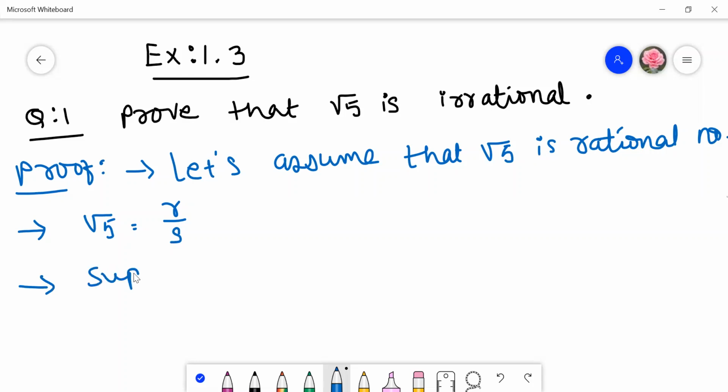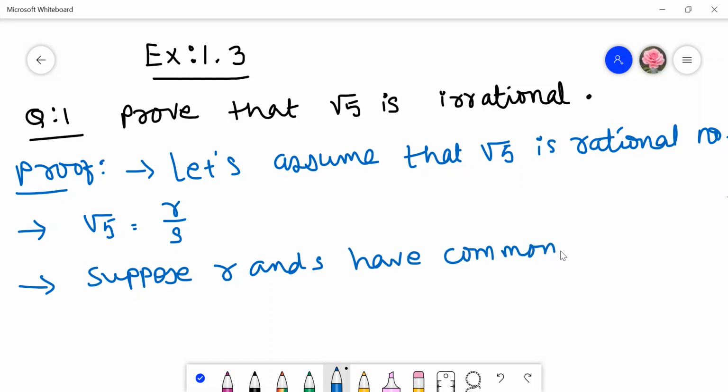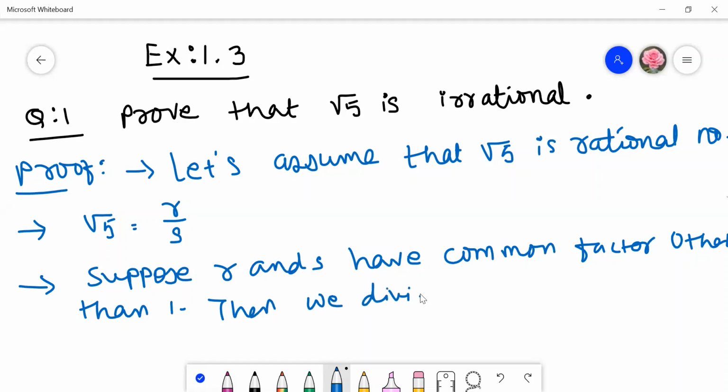Okay. So I'm writing, suppose r and s have common factor other than 1. Then we divide by the common factor.